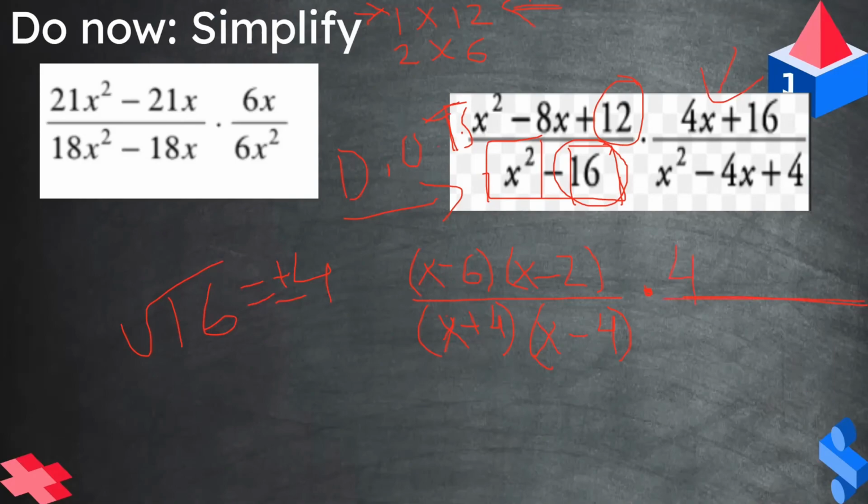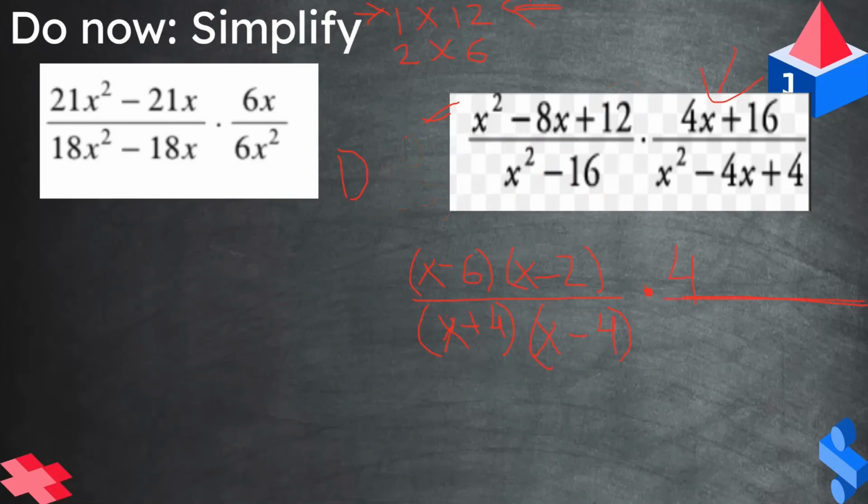4 is my GCF. Why don't I have a variable with my GCF? Well, I don't have a variable with my GCF because not all the terms have a variable. 16 doesn't have a variable, so the variable is not a common thing, okay?